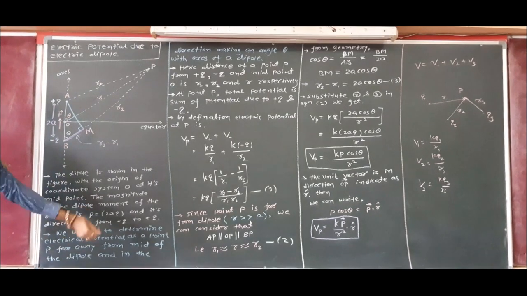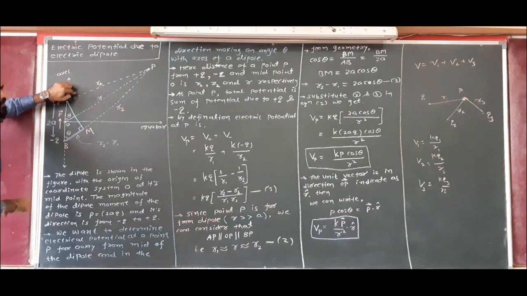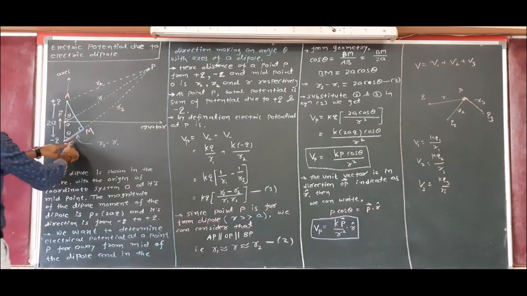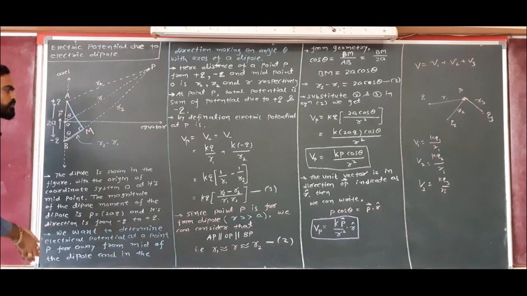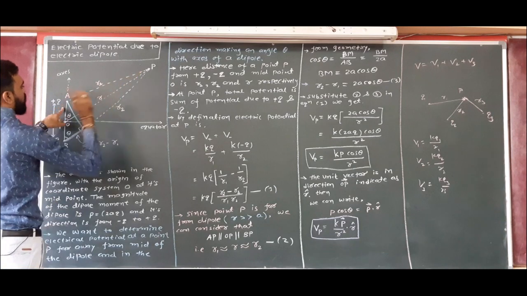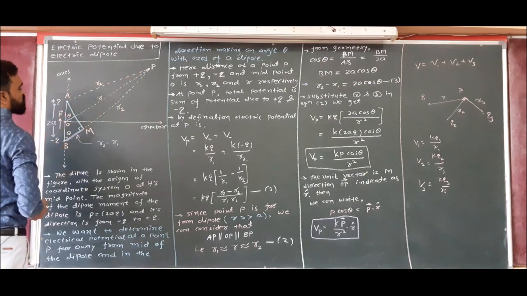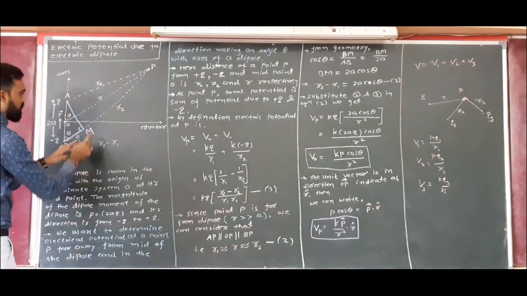Now, which distance is greater by geometry? R2 or R1? It is R2. So R2 is greater than R1. I want to make these two distances the same. So how much length do I have to cut from R2?